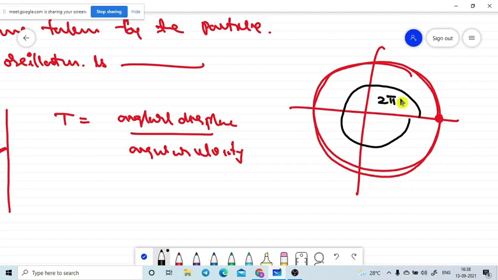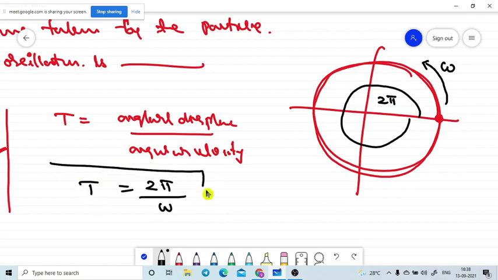So the angular displacement is 2 pi, divided by the angular velocity. We already discussed this: the particle has angular velocity omega. This is the formula for the time period of the particle in simple harmonic motion.